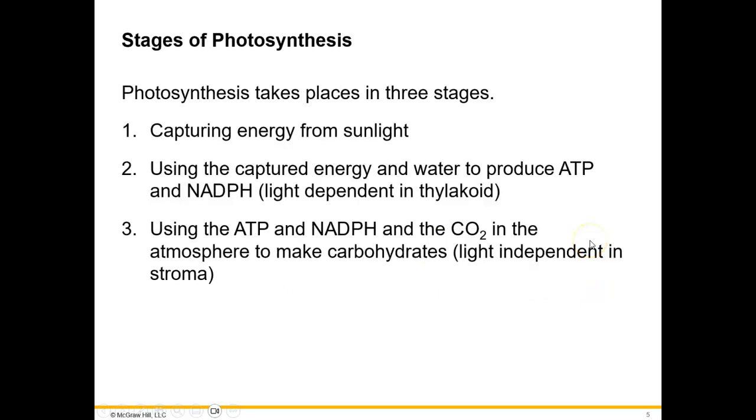Our photosynthesis can be summarized in these three basic stages. So the first stage is just capturing the energy from sunlight. So we could think of that as the moment that the light interacts with the photosynthesizing organism, the moment the light hits a leaf. Next, we're using the captured energy and water to produce ATP, which is energy, and NADPH.